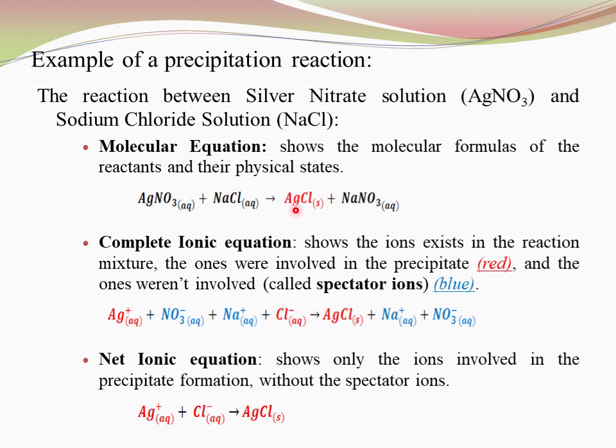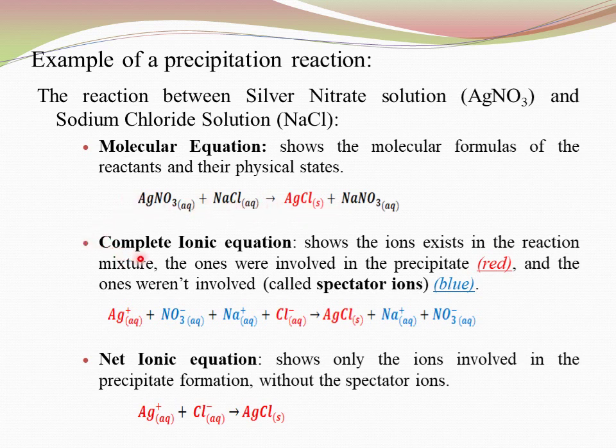According to the solubility rules, again AgCl is insoluble. Rule number 3: all chlorides are soluble except those with Ag. So this is solid. Now, sodium nitrate, NaNO3, is soluble, so the state is aqueous. So this is the molecular equation, a balanced chemical equation.